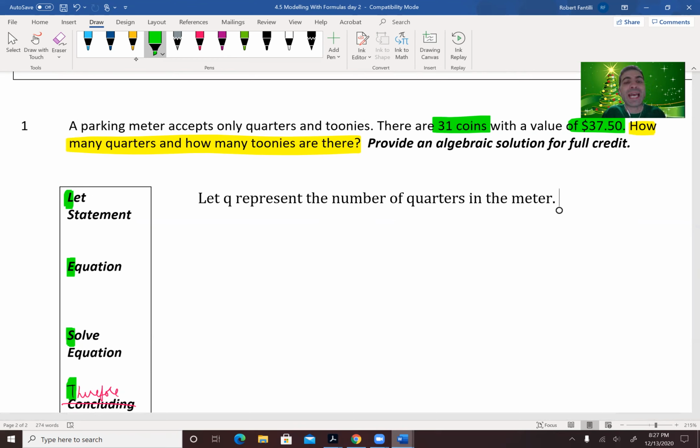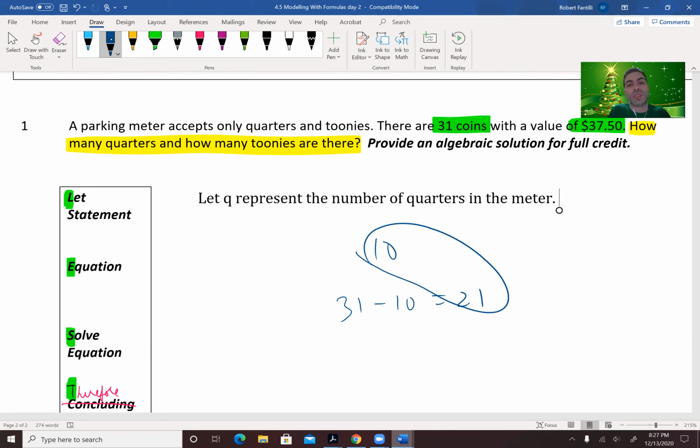If I told you there were 10 toonies, then you say, 31 take away the 10 toonies leaves me with 21 quarters. 31 minus 10 is 21, and then 21 has to be quarters because altogether we have to have 31 coins.